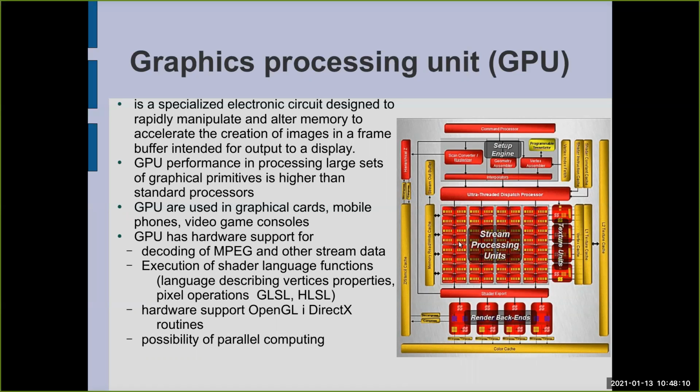So in this case, we can perform texturing also simultaneously for every side, let's say, independently. So therefore, we have so many stream processing units, because the graphical operations are highly parallelized, so we can perform it in parallel.